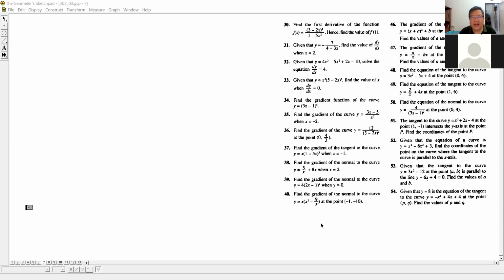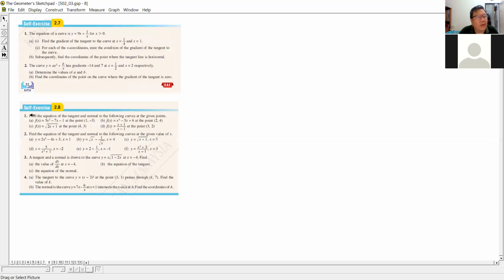Now you try 1a. Find the equation of the tangent.